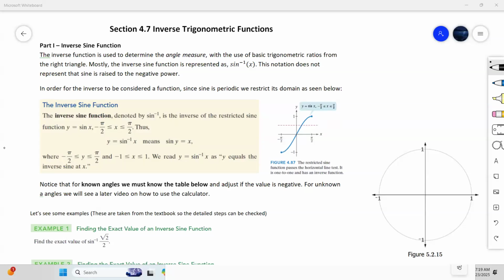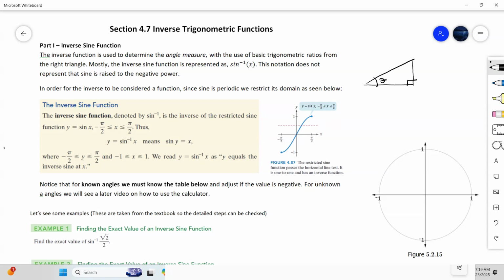Hi, hello everyone. So this is the video dealing with section 4.7, inverse trigonometric functions. Now, in the previous video, we discussed the functions on the right triangle. So here, as a quick reminder, here is a right triangle.